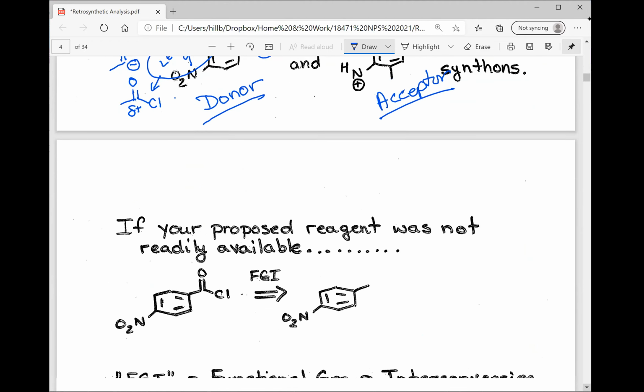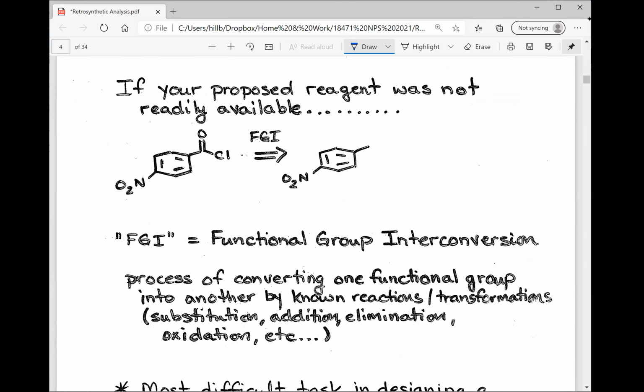Okay, so the next step: we figured out that this is our acceptor fragment. But you can't buy this through the chemical companies, or if you can, it's super expensive.